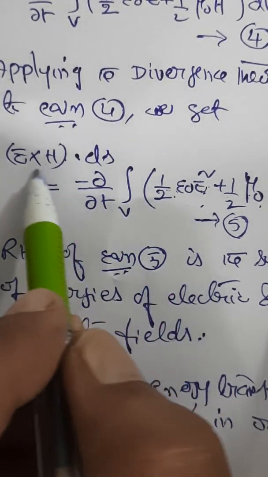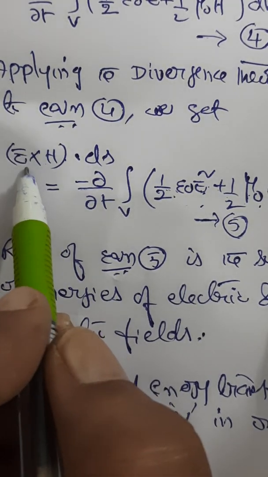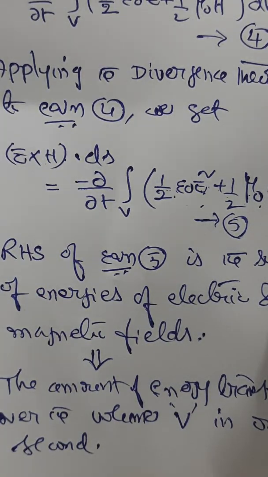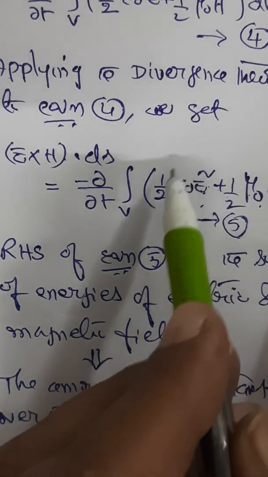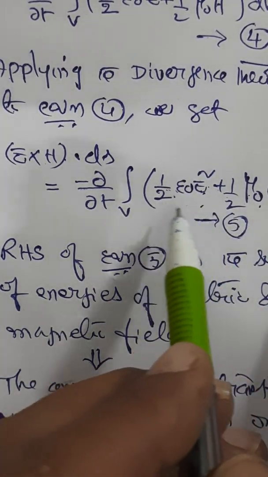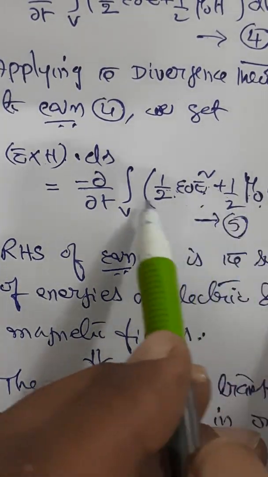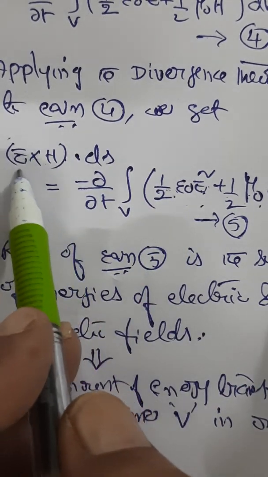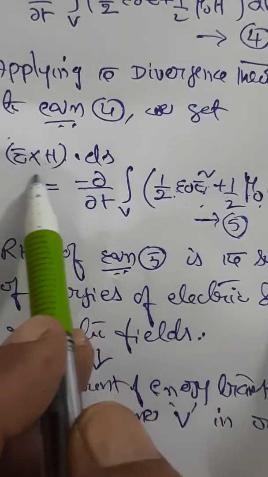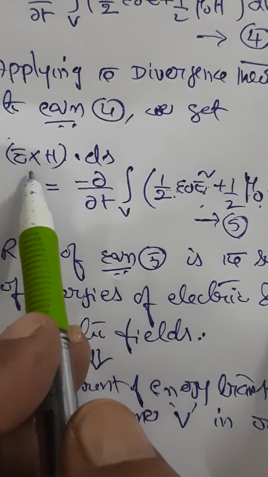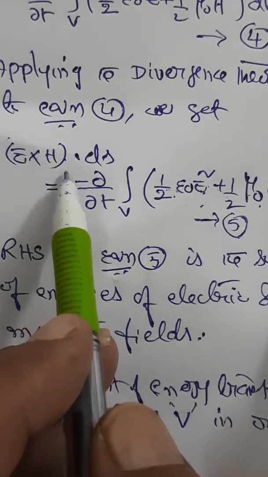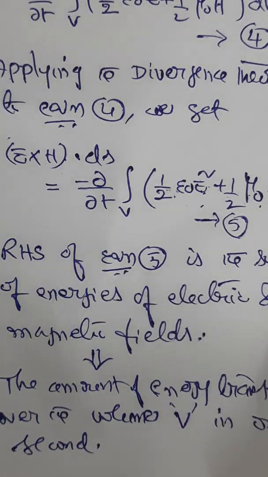So if you see the left hand side, the term E cross H refers to what? The amount of field energy passing through the unit of surface in unit time, normal to the direction of flow of energy.